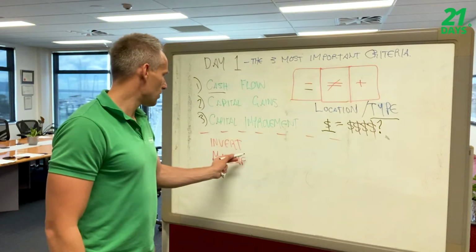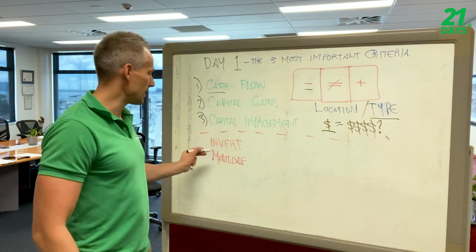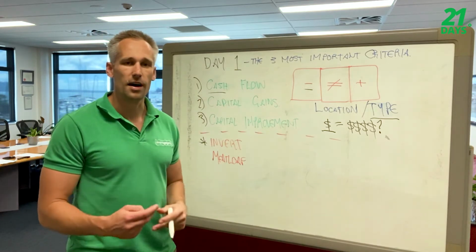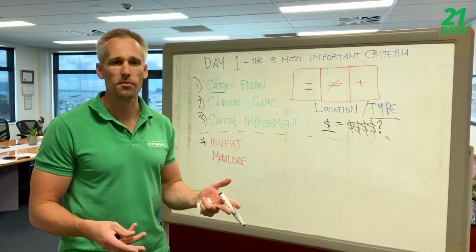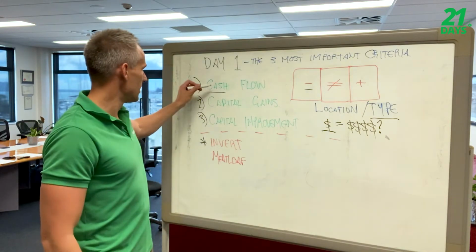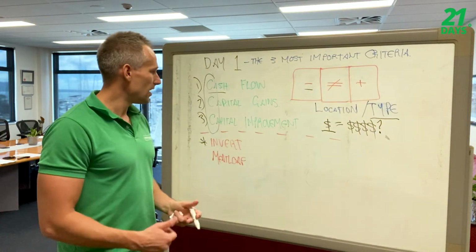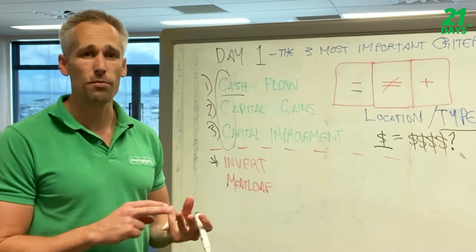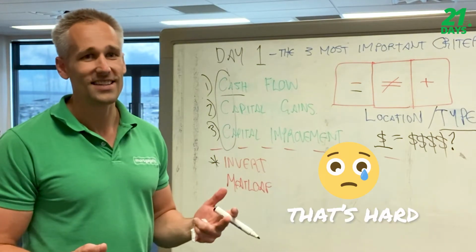And what two things we like to take into account is, if you're trying to figure out a property, attacking this problem of how to find a property that covers these three C's. How do you find a property that's high cash flow, high capital gains, and with really good opportunity on capital improvement? That's hard.